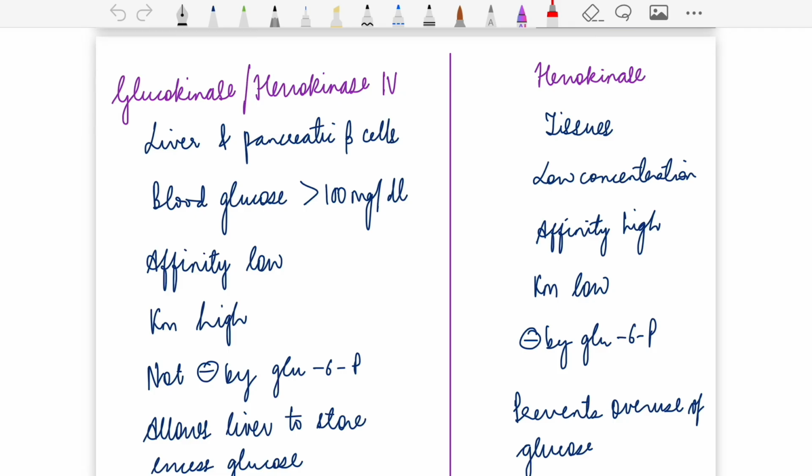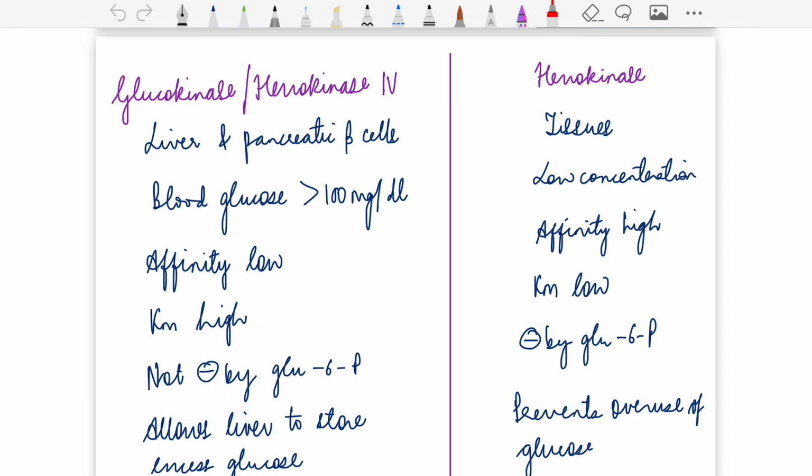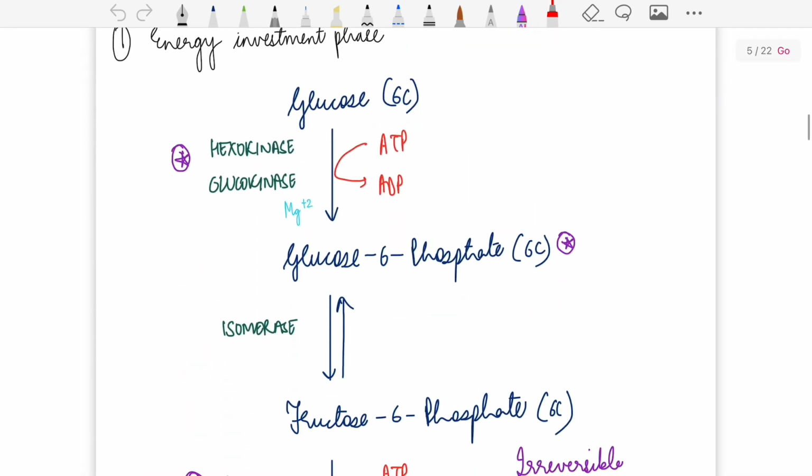Now glucokinase is not inhibited by glucose 6-phosphate, but hexokinase is inhibited by glucose 6-phosphate. Hexokinase is activated when blood sugar level is very low, right?